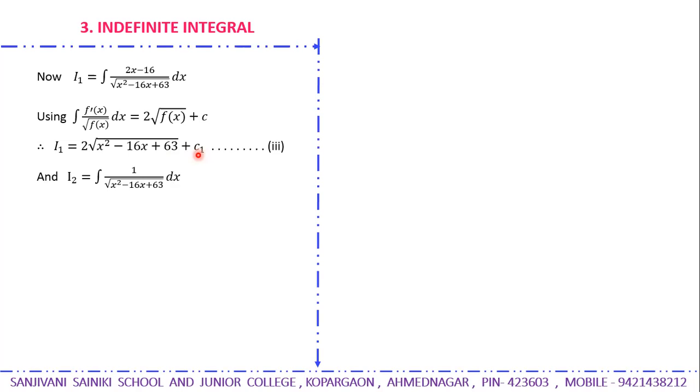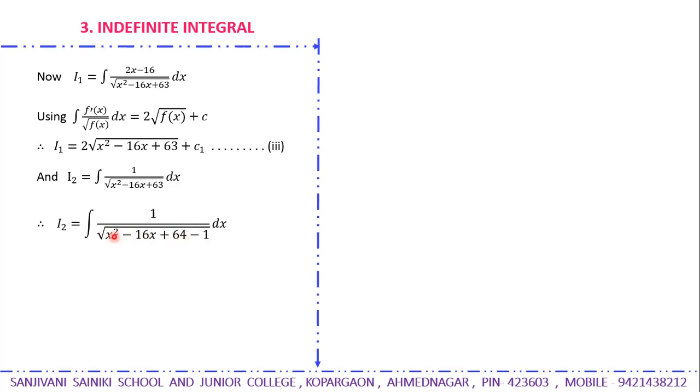Now we will go to the second integral, 1 upon root x square minus 16x plus 63. The last term is 1 upon 2 times minus 16 bracket square, so 8 bracket square is 64, and 64 minus 1 is 63.